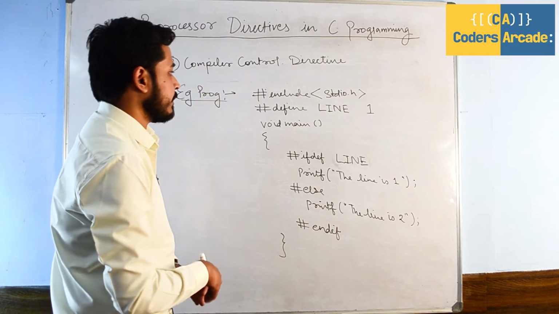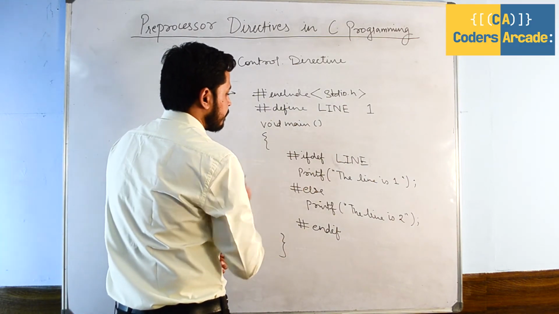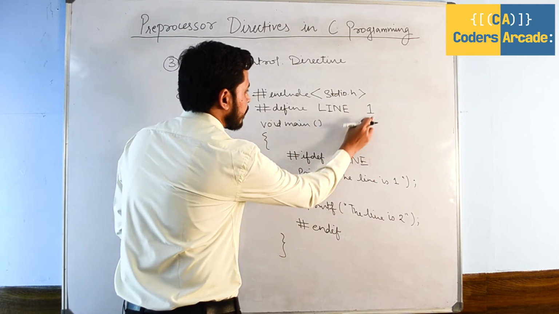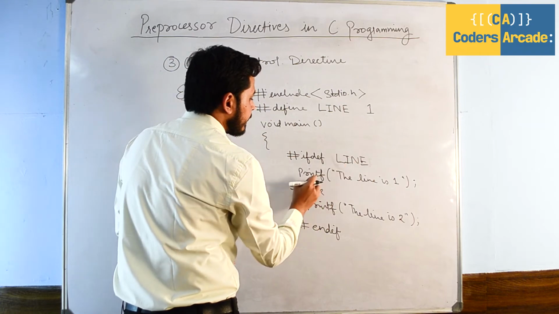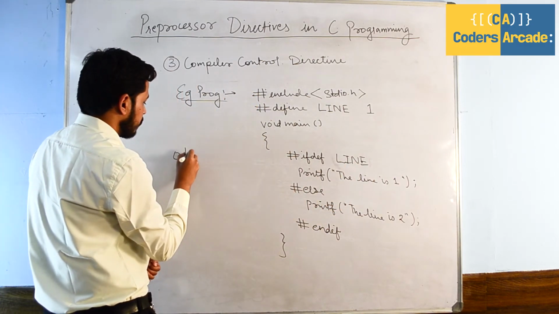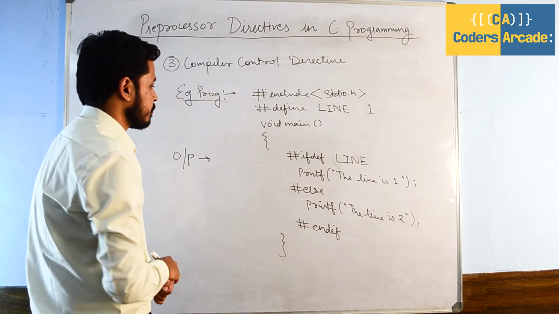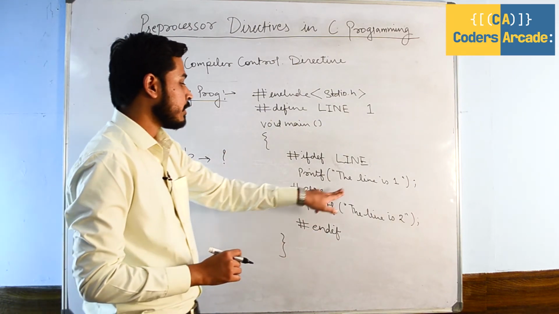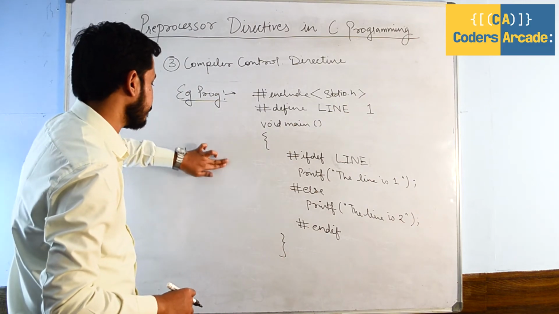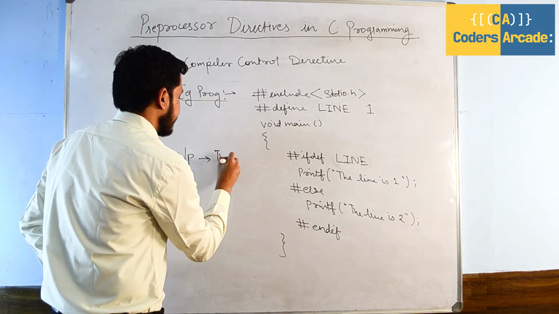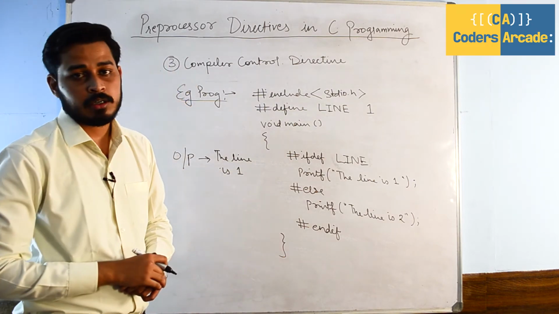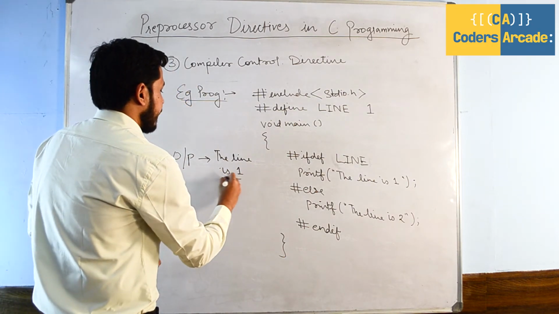So what is happening here? Here, the value of LINE will be 1, so this line will be swapped with 1. What is the output of this program? The output will be: the line is 1, printed into your terminal. Why is this printed?